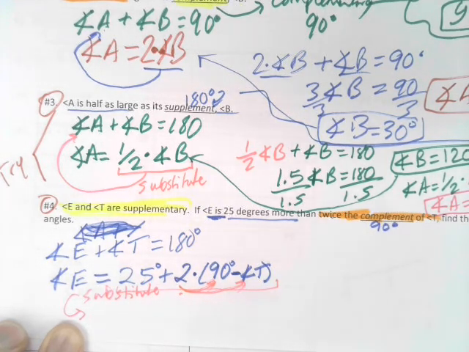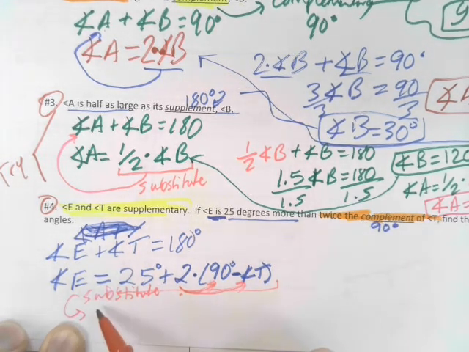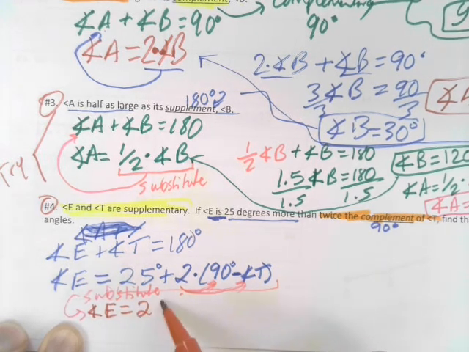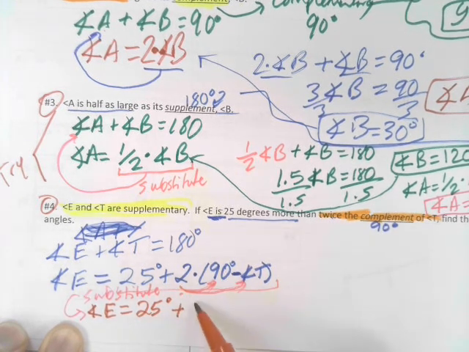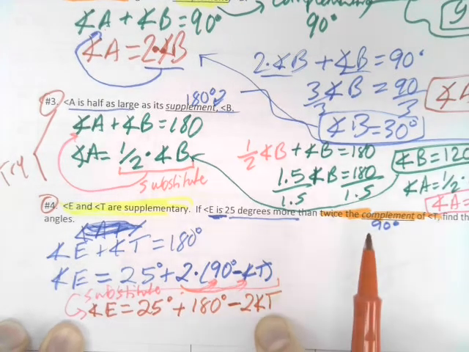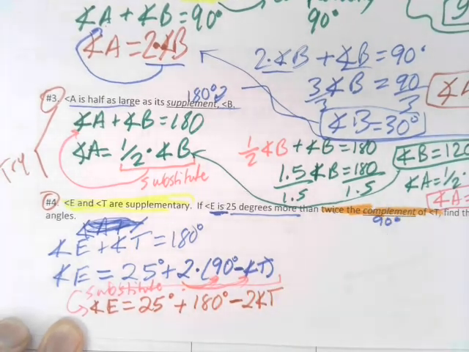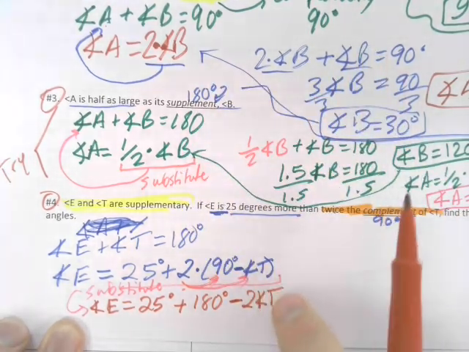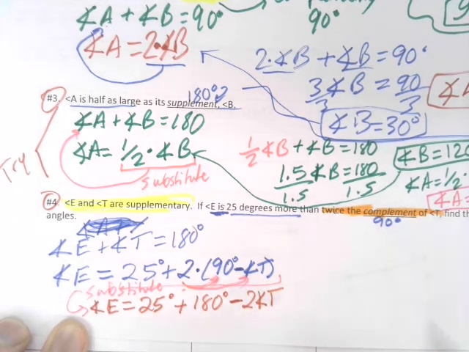And so, I'll switch to red, we would have angle E equals that 25 degrees plus 2 times 90 is 180, and 2 times negative angle t would be negative 2 angle t. We kind of treat the angle like a variable. I could have mentioned that before, but these angles are kind of like our variables.